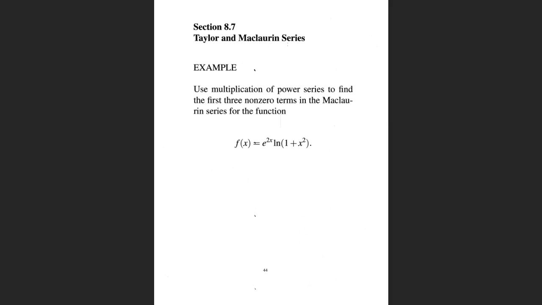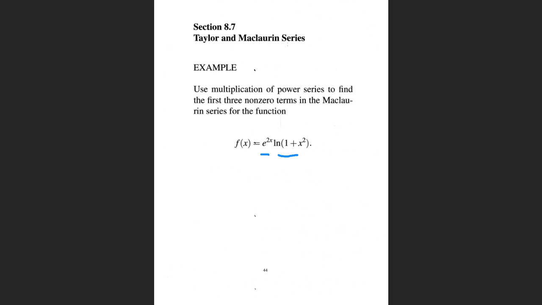Okay, so we're continuing here. Oftentimes what we have is a function like this, e to the 2x power times the log of 1 plus x squared, and we want to find a Maclaurin series for that function.